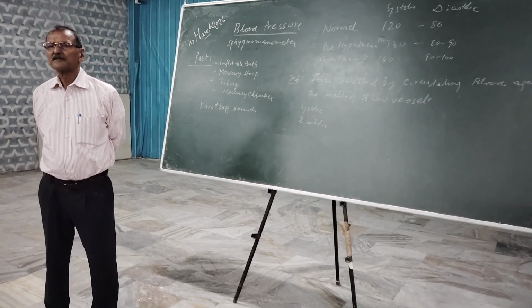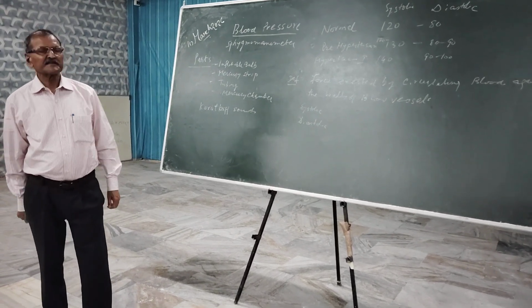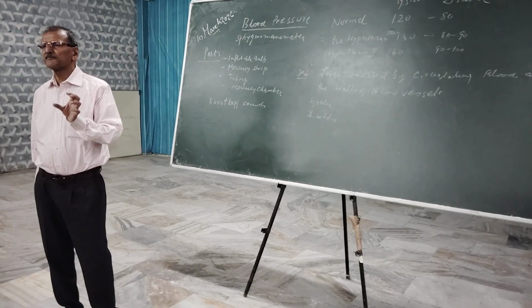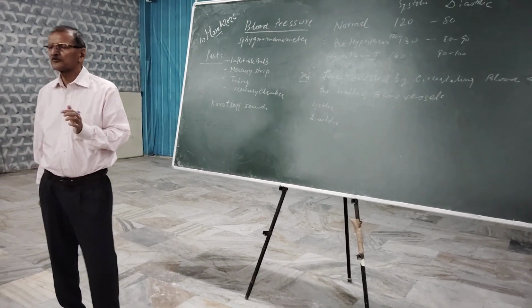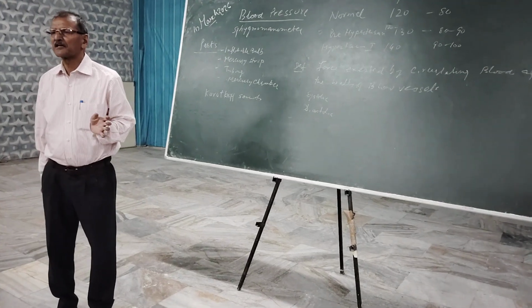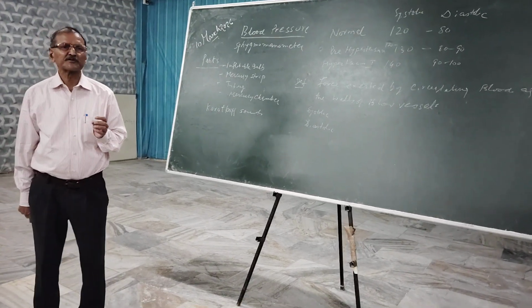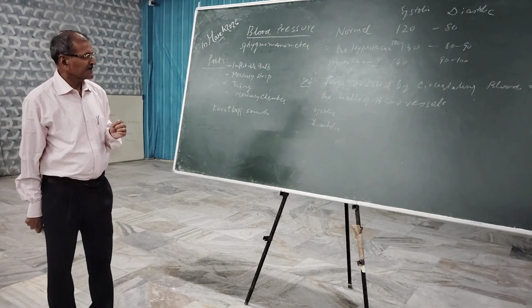When the heart is contracted. And diastole is when the heart is resting, that is, in between the two contractions. At that time also blood is present in the arteries and it still exerts force against the vessel wall, right?